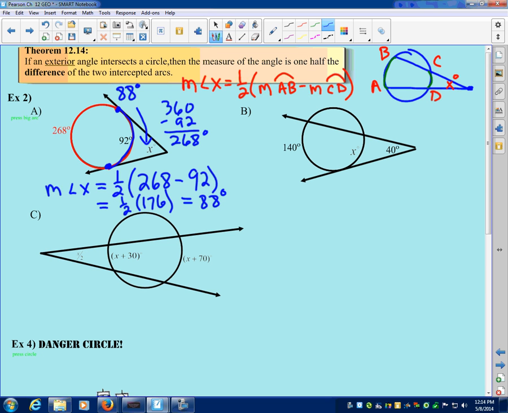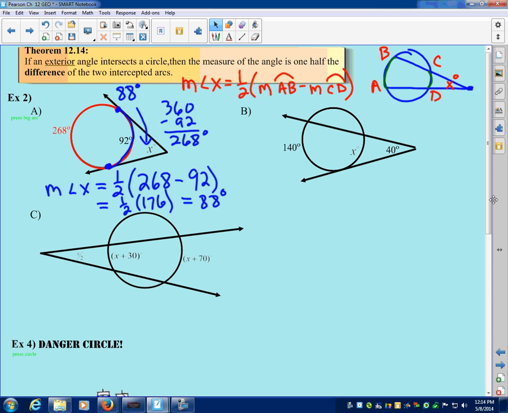Any questions on that? One of the big themes this year has been use a geometric theorem or definitions to set up an algebraic equation and solve it. So we're going to have a whole bunch of those coming out in this lesson. For example, right here, I need to write measure here.